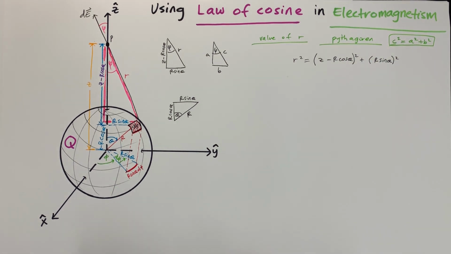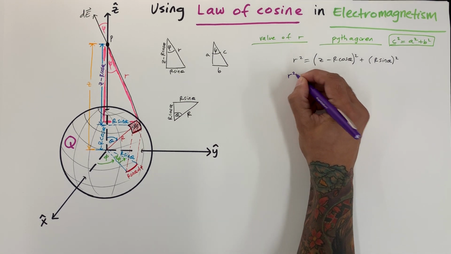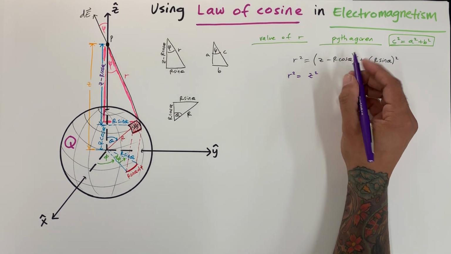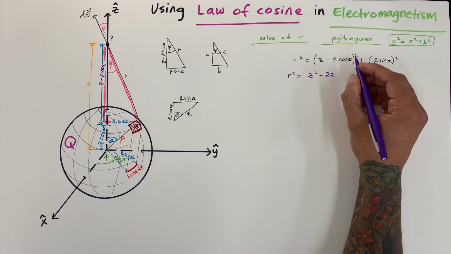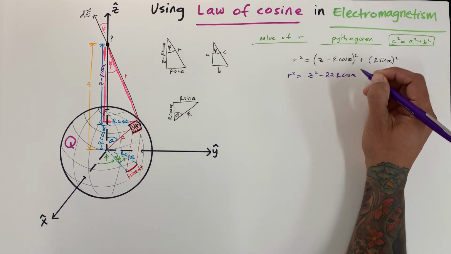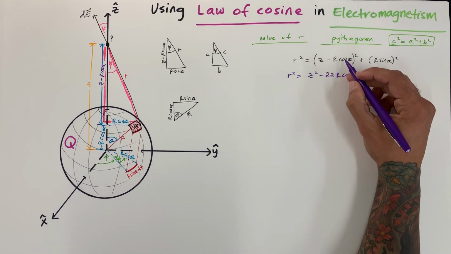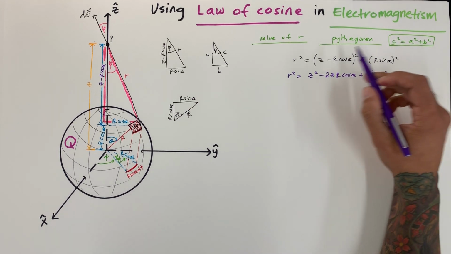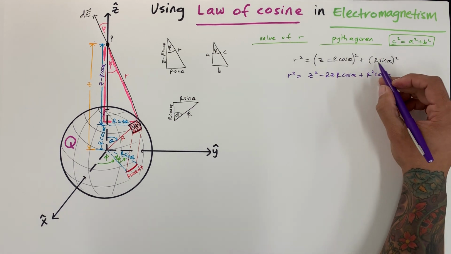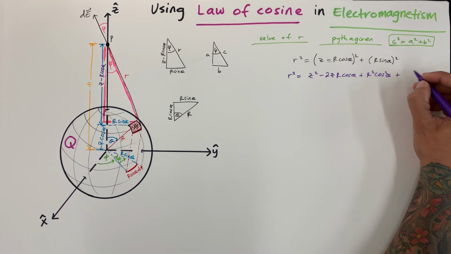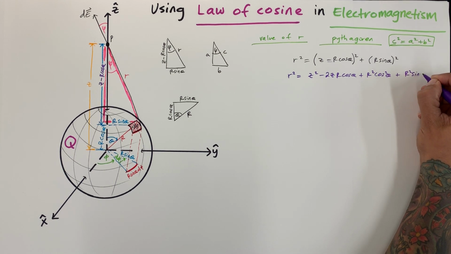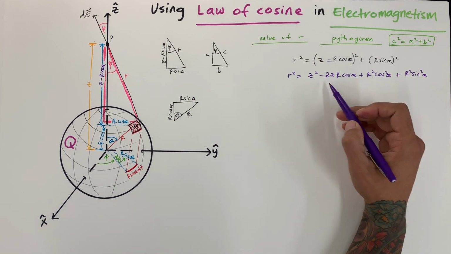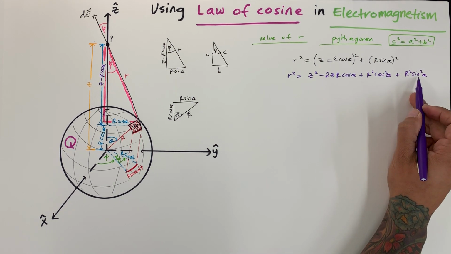Let's FOIL it out and see what we get. We're gonna have r squared, and for this we're gonna have z squared minus 2zr cosine theta plus r squared cosine squared theta. Now we're done with that. And here we have plus r squared sine squared theta. Let's combine things. These two things right here we can combine.